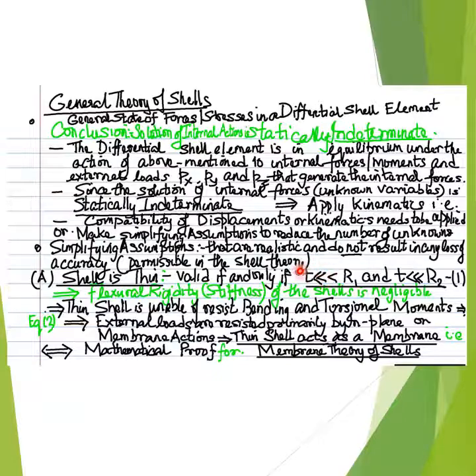A sheet of paper, for example, the A4 size sheet of paper or the printer paper, is a realistic example of a thin shell, since the thickness of the paper or the shell is negligible in comparison to either of the two radii of curvature in case the paper or shell is bent, molded in the form of a shell structure.